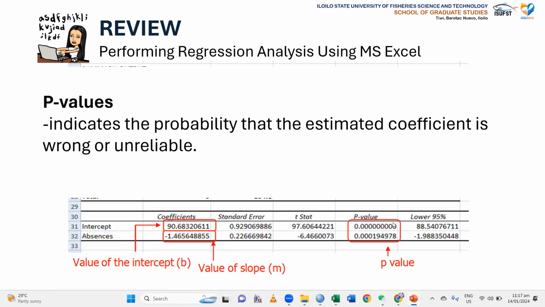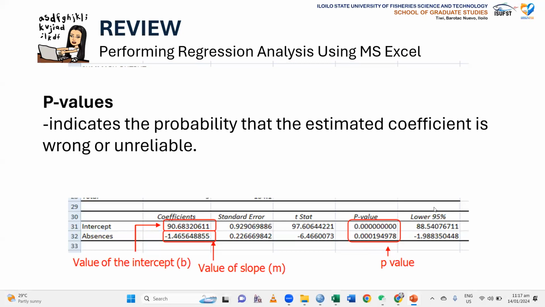If the p-value is less than 0.05, then these can significantly predict. However, if at least one of them is greater than 0.05, then either the intercept or absences cannot predict your dependent variable, which is grade.